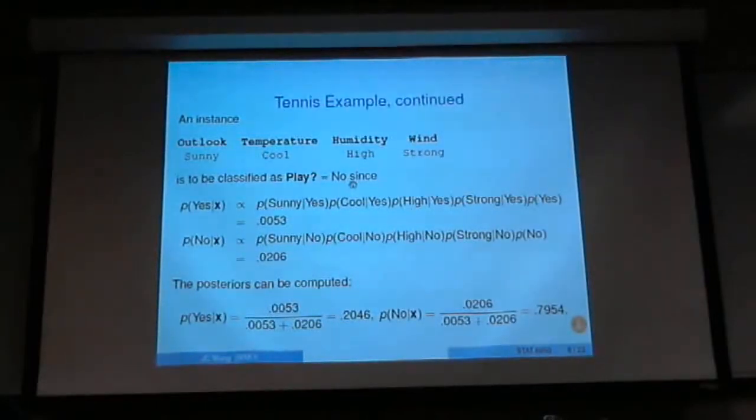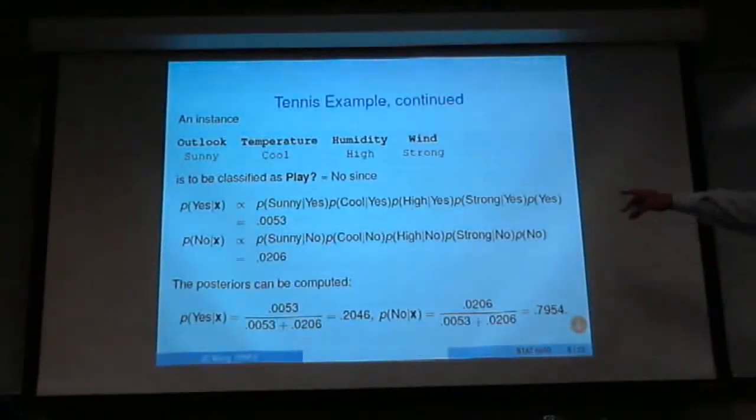All based on this calculation. This is a very simple algorithm that you can build, and it's already built into the klaR package, and I think it's also in R packages, and some other classification packages have it.